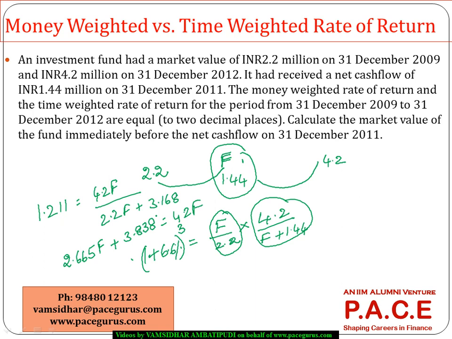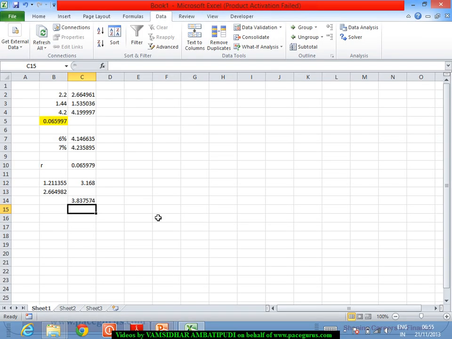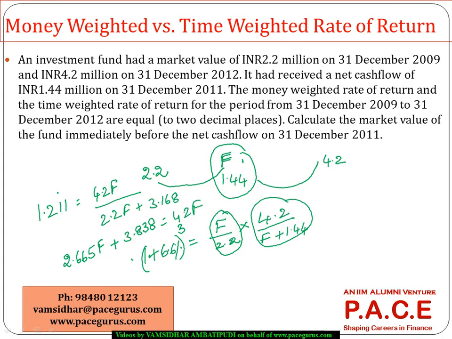So from here I can easily simplify. From 4.2 I subtract this 2.665, which gives 1.535.